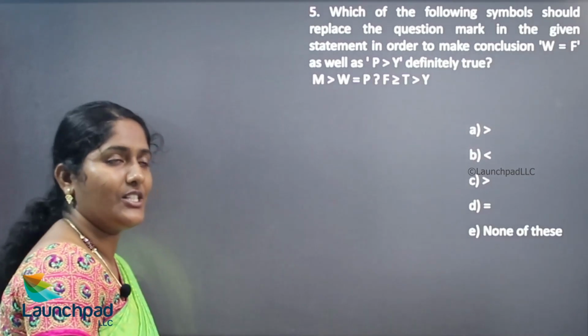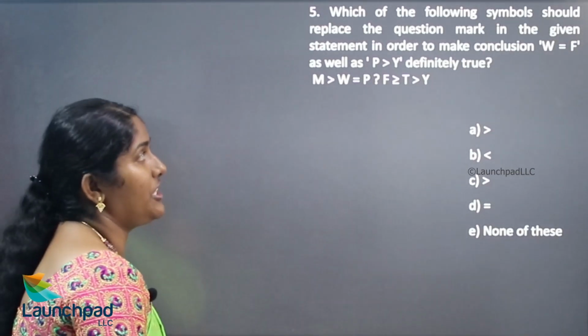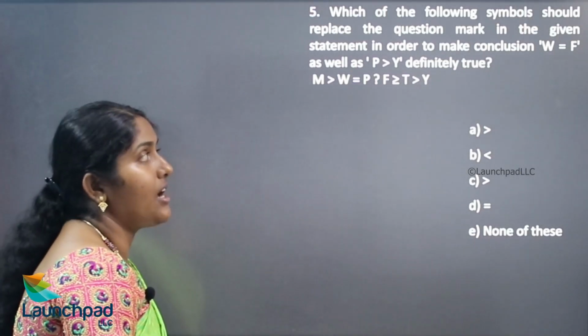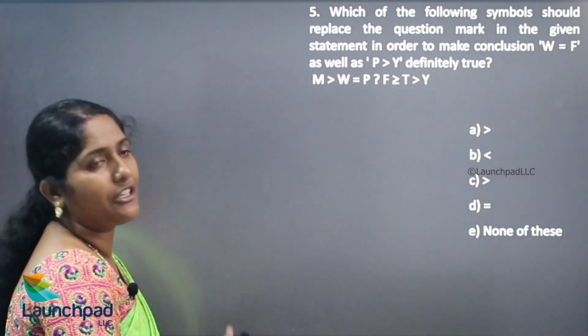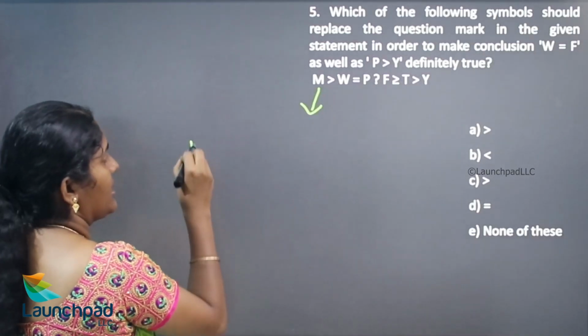Now your next question. Which of the following symbols should replace the question mark in the given statement in order to make the conclusion W is equal to F? What is your statement here?